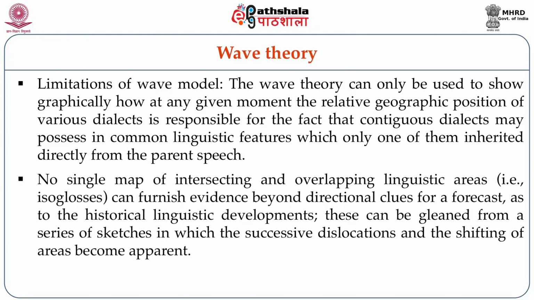No single map of intersecting and overlapping linguistic areas, that is isoglosses, can furnish evidence beyond directional clues for a forecast. As to the historical linguistic developments, these can be gleaned from a series of sketches in which the successive dislocations and the shifting of areas become apparent.